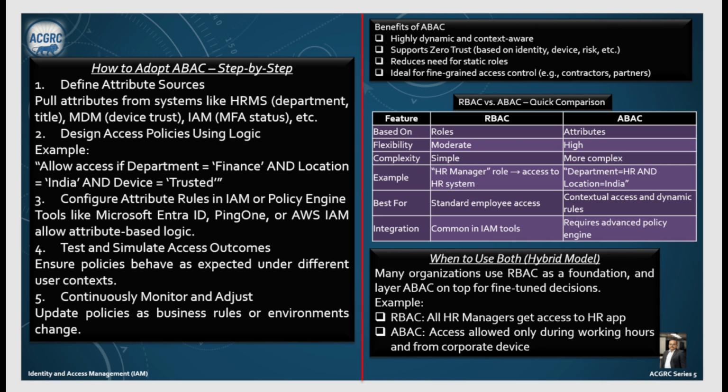ABAC, we look at HR and the location and give the access only to that part of the estate which requires. It's best fit for standard employee access. That is RBAC. For ABAC perspective, it is contextual access and dynamic rules. It integrates well with common IAM tools, but ABAC requires advanced policy engines.